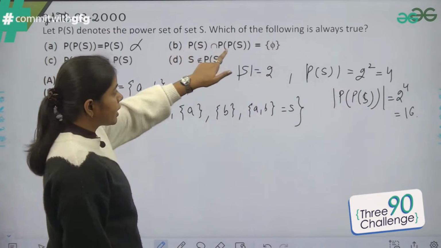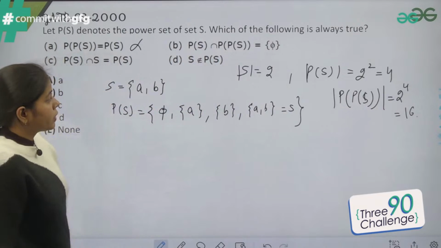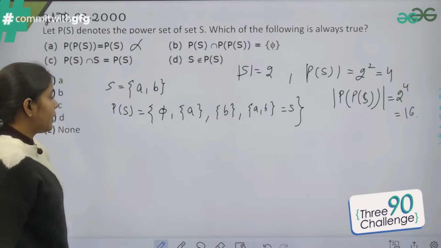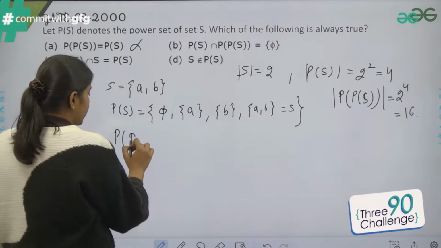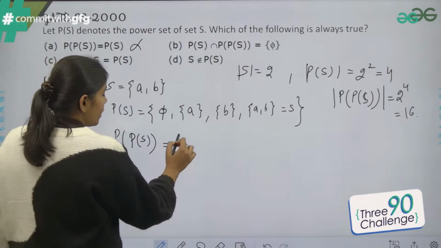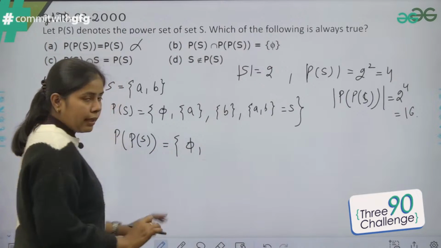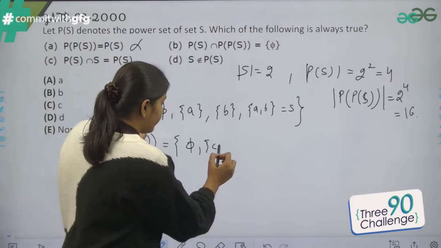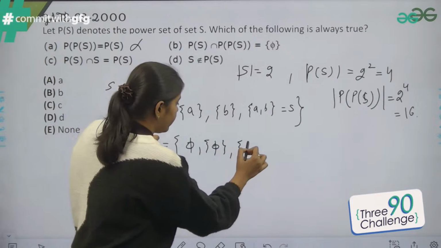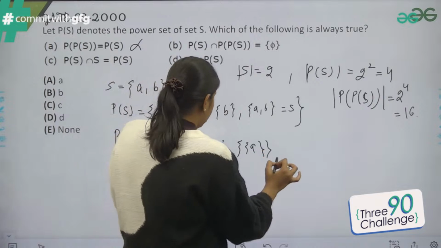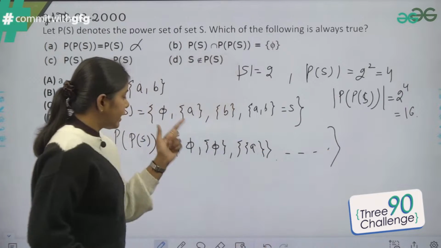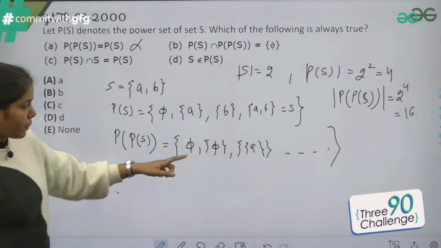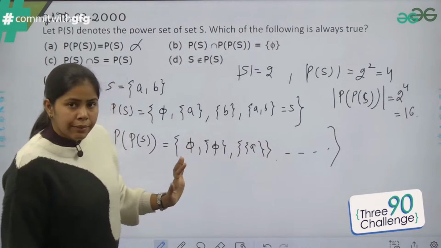And if I take an intersection of the power set of S, I'll get phi, right? Phi is the null set. Then I come to each of the elements. Then we have {phi}, {A}, and we'll move on like that. If I take an intersection of these two, you can see that no other element would be in the intersection.